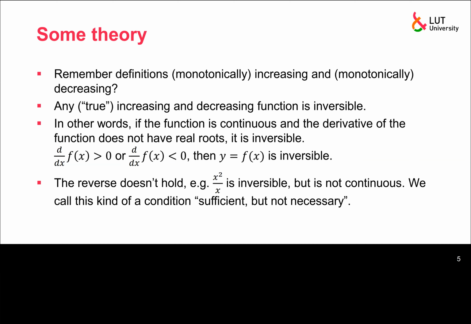Otherwise this description would match the absolute value function, which looks like a sharp V, and it does not have a derivative at 0. And occasionally we do have some invertible functions which are not continuous.